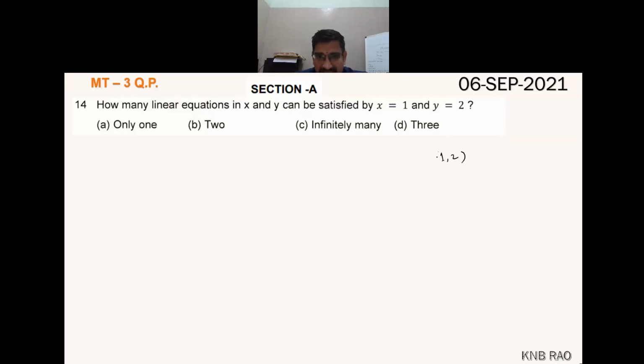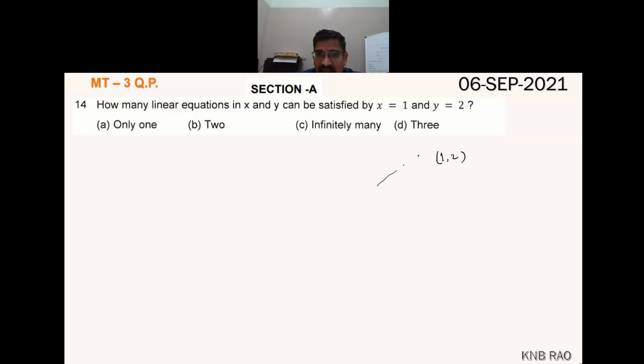How many lines can pass through that point? This is one graphical way of asking. How many equations in x and y can have (1, 2) as a solution? That means infinitely many.